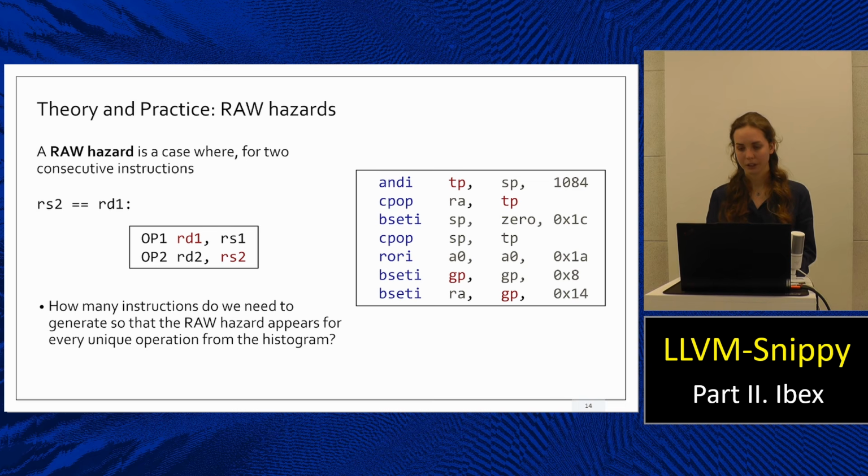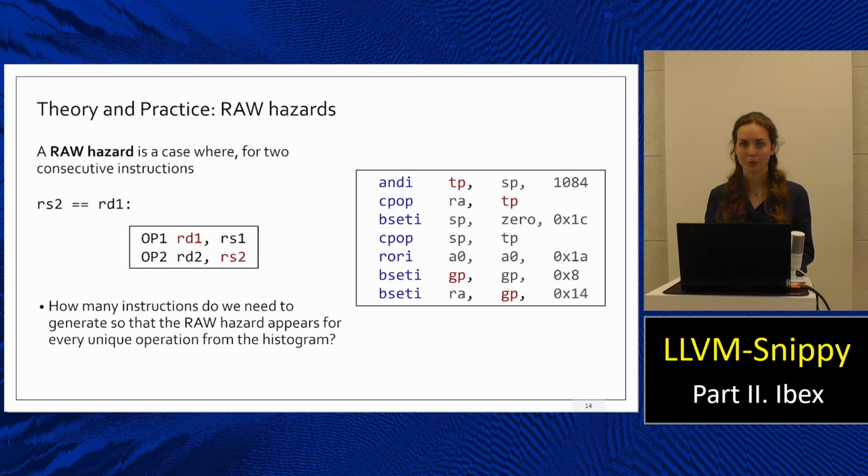LLVM-snippy can generate the needed sequence by chance, and the code fragment on the right shows that this can happen. But as the number of instructions, registers, and dependencies grows, the space of combinations grows quickly, and relying on a random seed is not reliable.